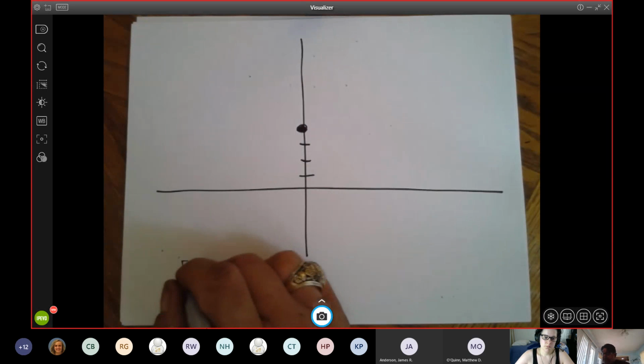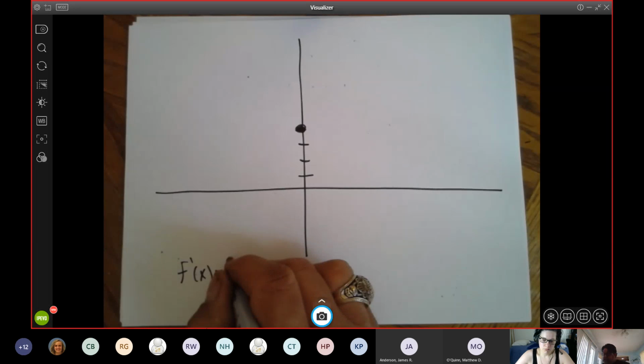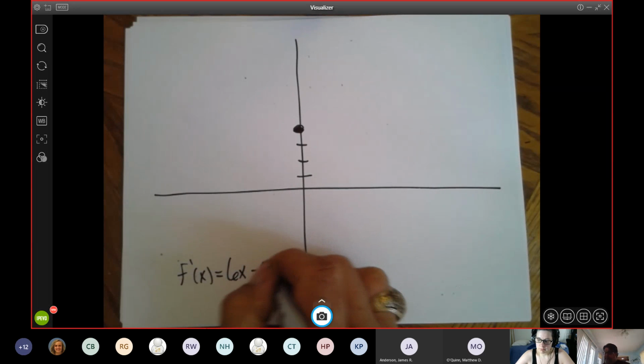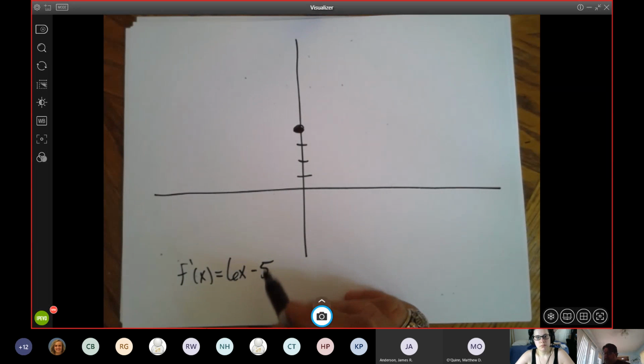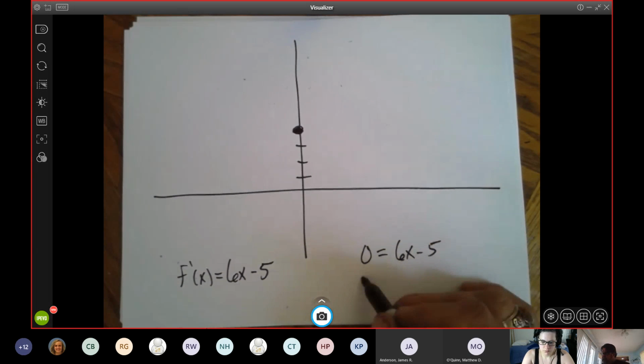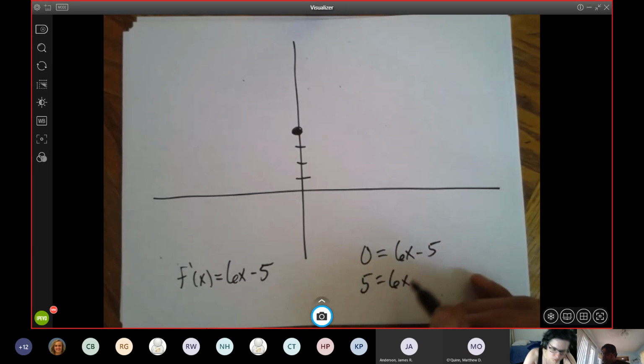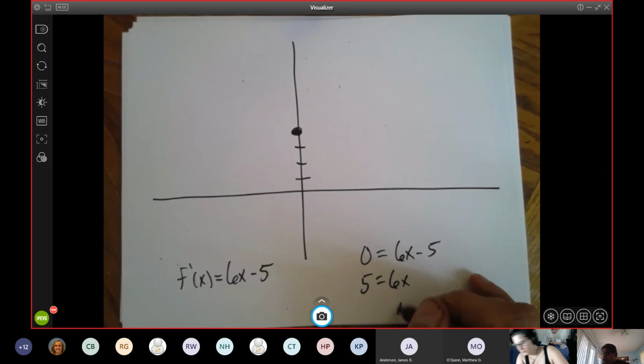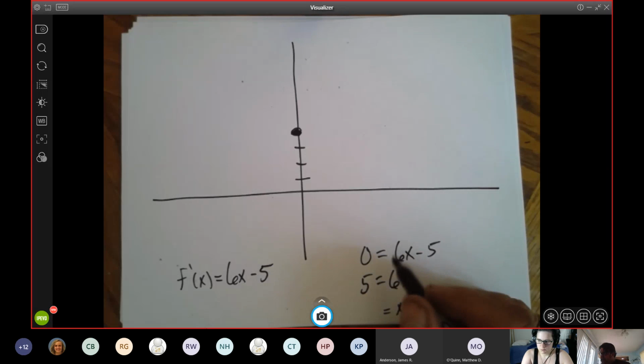F prime of x is equal to 6x minus 5. If I plug in and make that equal to 0, 0 is equal to 6x minus 5. 5 is equal to 6x. X is equal to 5/6.